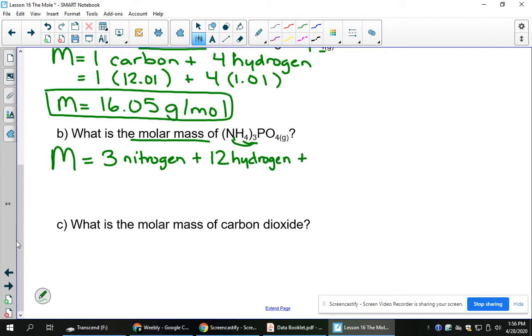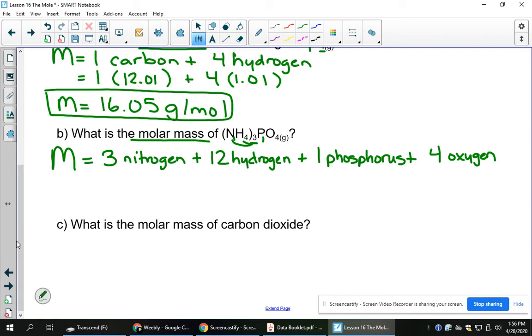Now, the 3 only applies to the NH4. We're done with the 3. I see a secret 1 behind the P. There's no brackets telling me that that 4 should apply to the P as well. So that's 1 phosphorus and 4 oxygen.